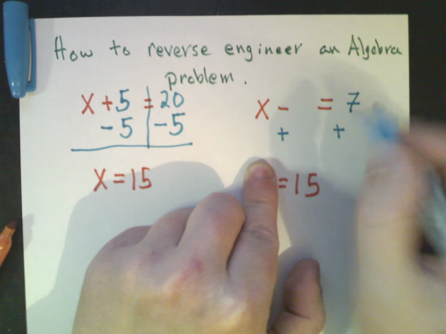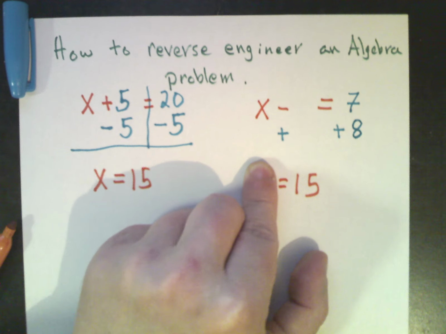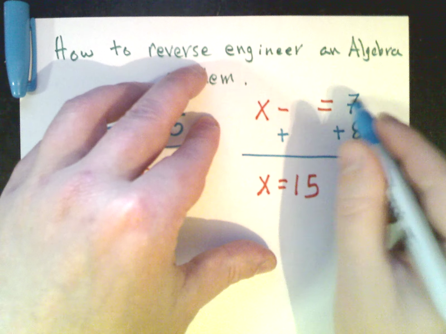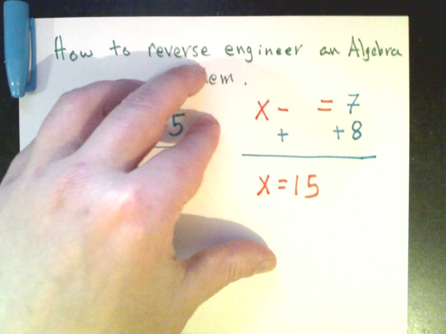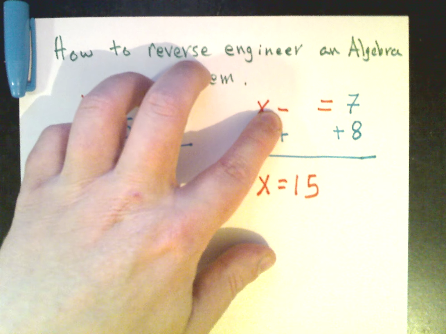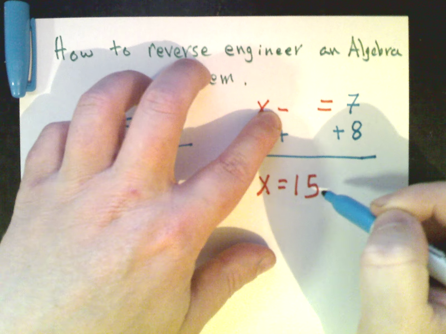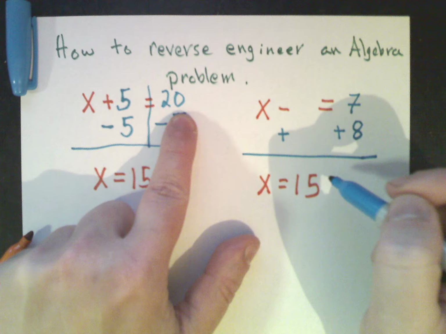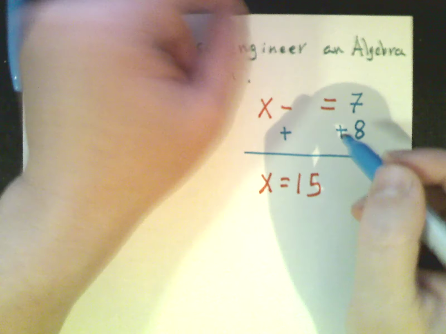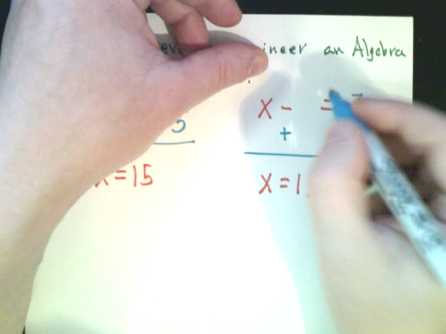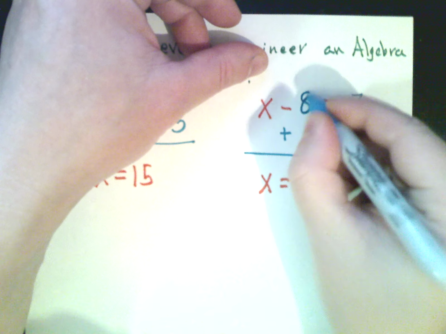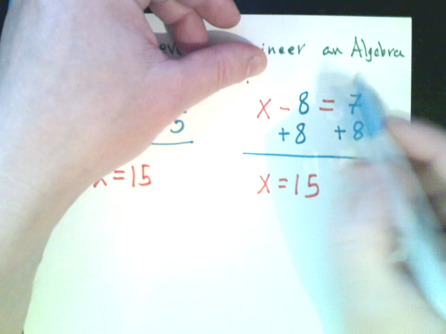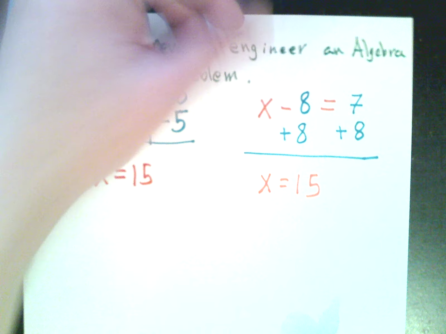Well, 7 plus 8 equals 15. This number could be rather random. If you're using subtraction, I would pick a number that is less than 15. If you're using addition, I would use a number that's greater than 15. So 7 plus 8. So that means this has to be 8, because when I add 8, I want it to be 0. Negative 8 plus 8 is 0.